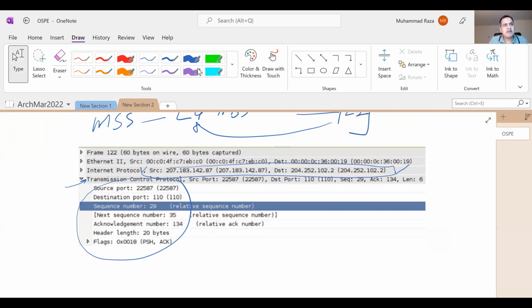So if I copy another diagram, I have it here.